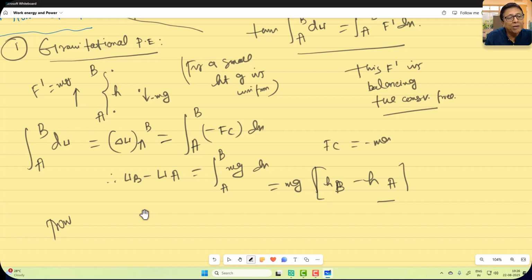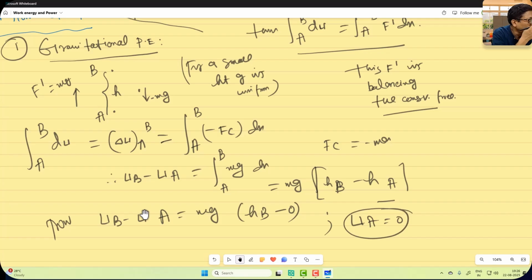So, if you write UB minus UA equal to mg hB, on the ground I am taking h as 0 and UA also 0. Potential energy at A equal to 0. This is arbitrarily chosen. This UA equal to 0 is chosen arbitrarily.